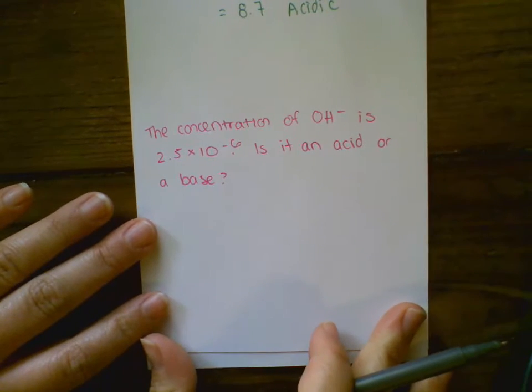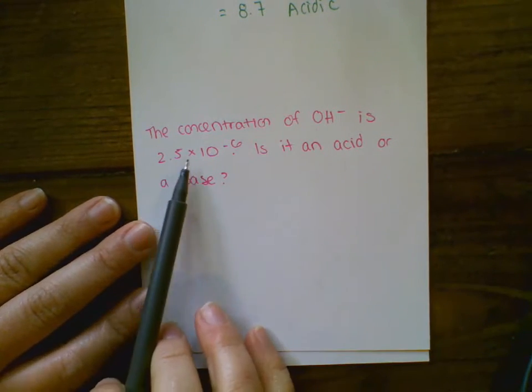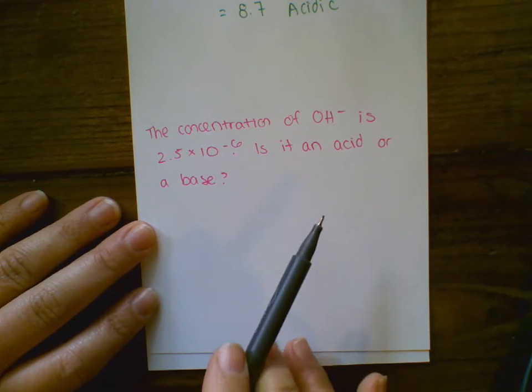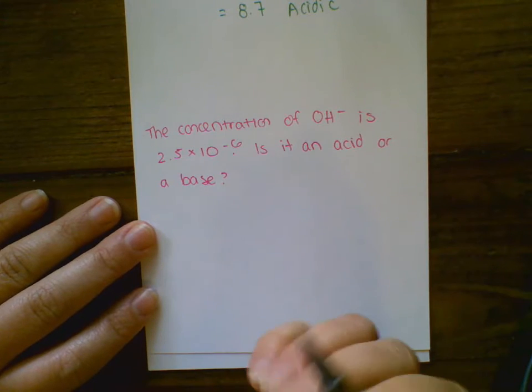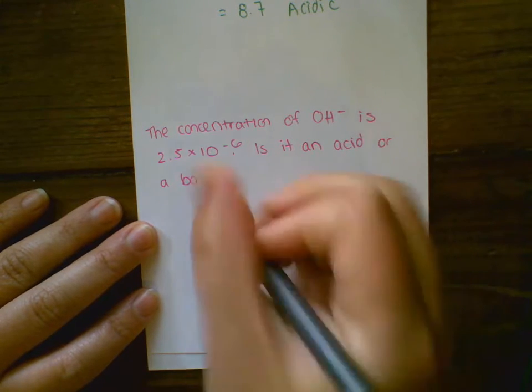Now let's look at my next problem. This one says the concentration of OH minus is 2.5 times 10 to the negative 6. Is it an acid or a base? Okay, so I have to calculate my pOH to figure out if it's acidic or basic.